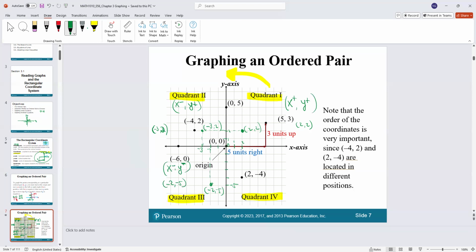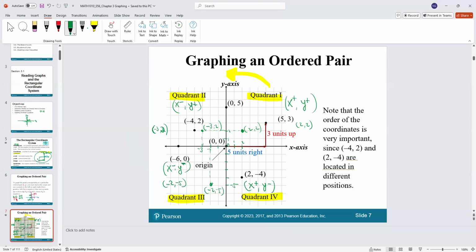Now, in the fourth quadrant, we go back where X was positive, right of the origin. But at the same time, it's still below the origin for the Y-axis. So in this case, in the fourth quadrant, X is positive and Y is negative.